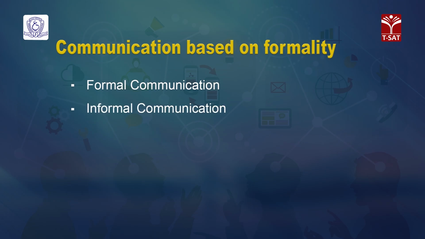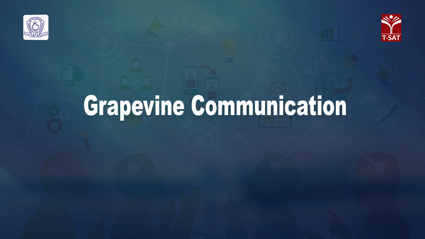Informal communication is the communication which takes place between employees in the organization without any formal rules or regulations. The common term used for informal communication in organizations is grapevine communication.